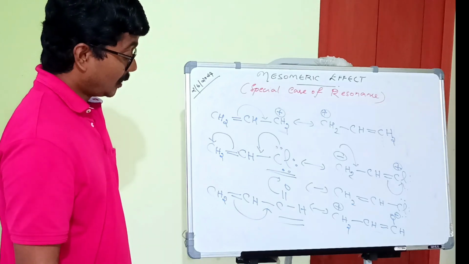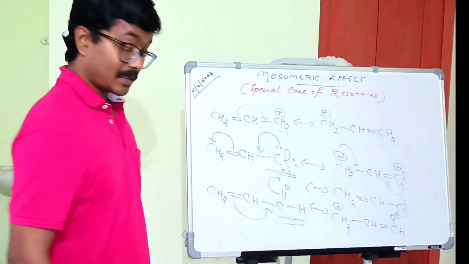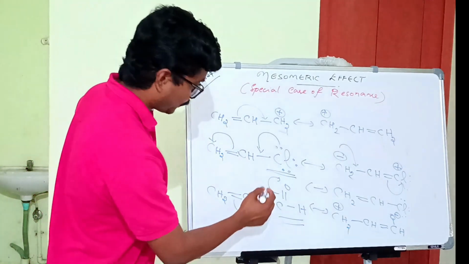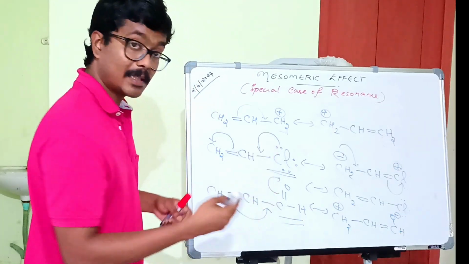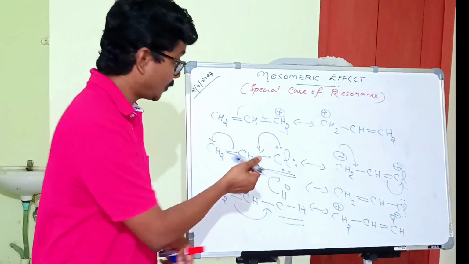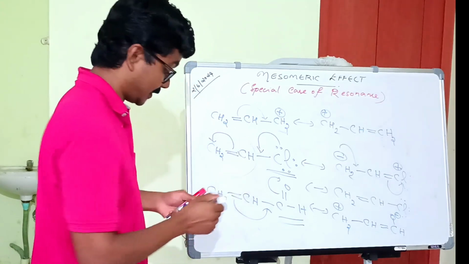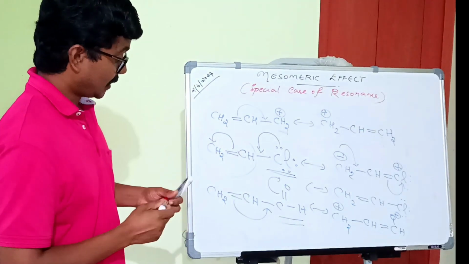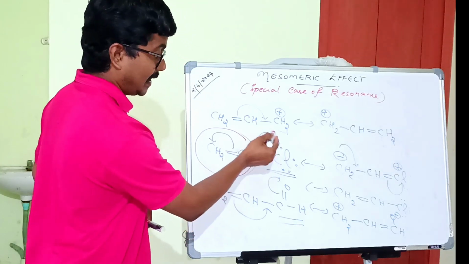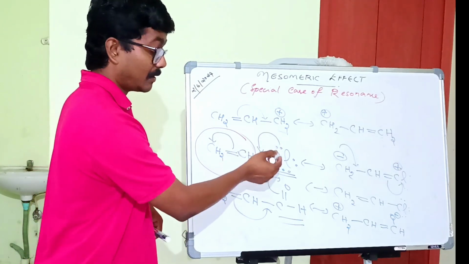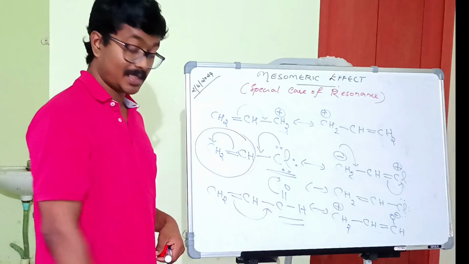In these two cases, what is happening? Here, the lone pair is donated towards the conjugate system, the pi bond system. The electrons are donated by the functional group towards the conjugate system.